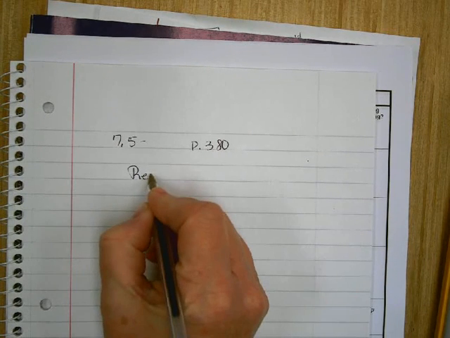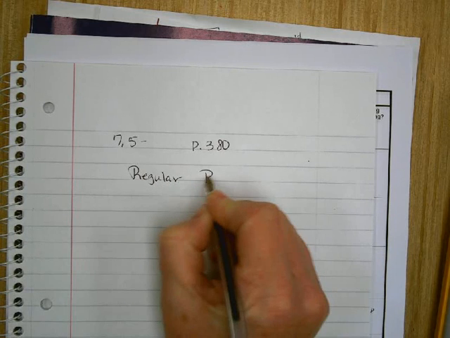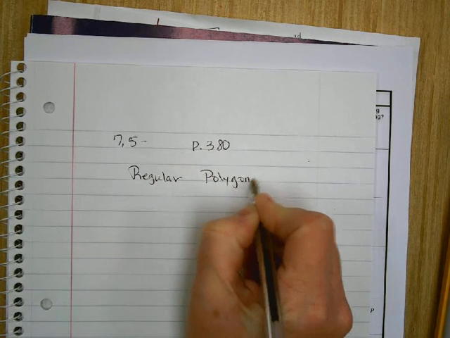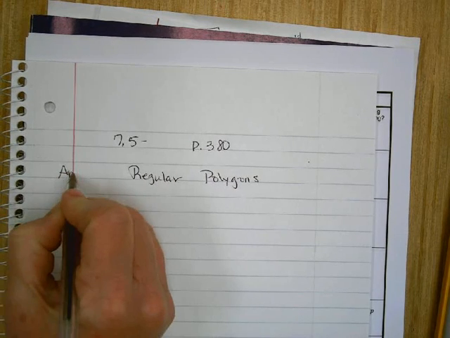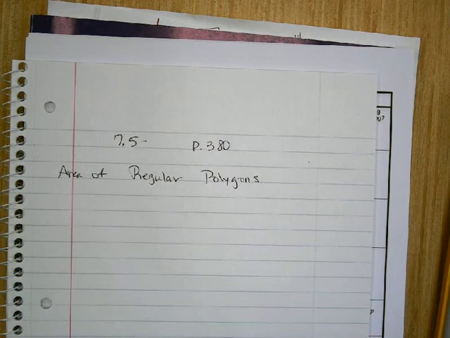We are finding the areas of regular polygons. Okay. What's a polygon? It's a shape. Give me a little bit more about it. Give me an example of a polygon.